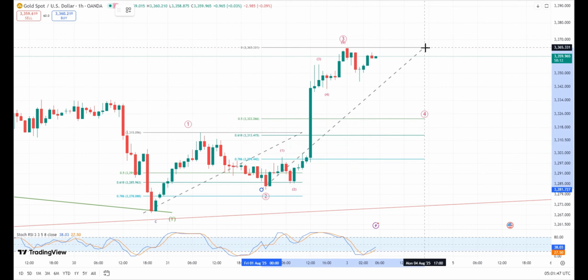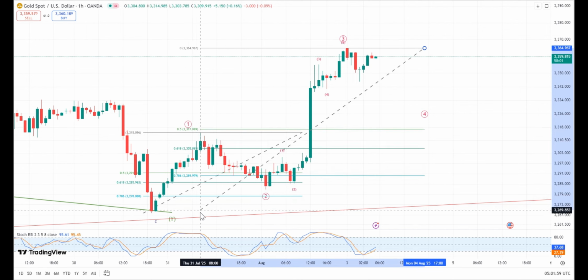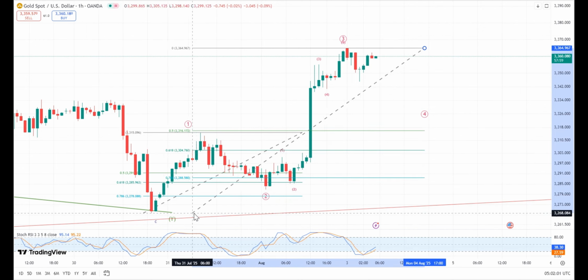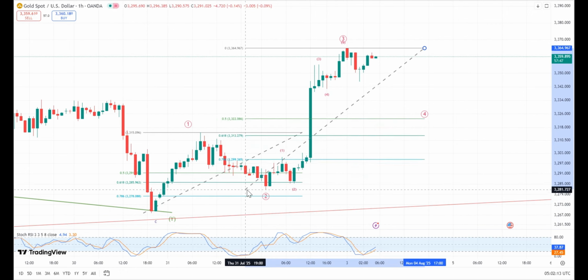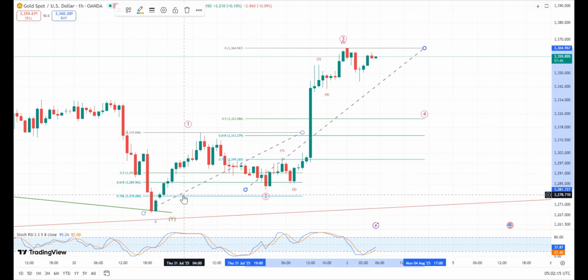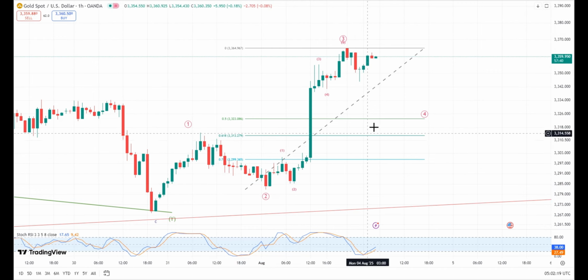Based on that, our wave 4 targets usually should be at most 61% retracement of wave 1 to wave 3. So if you are to project from wave 1, the most we should expect wave 4 to get to is this point. But let's just project for just wave 3, and let's take this off.